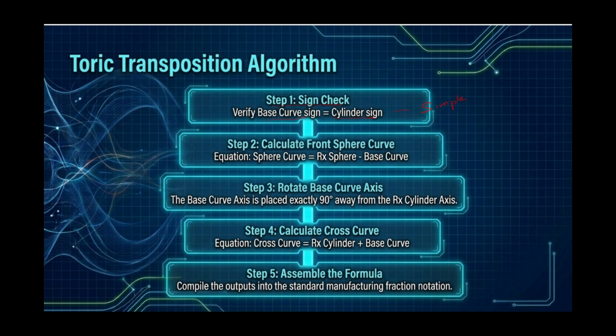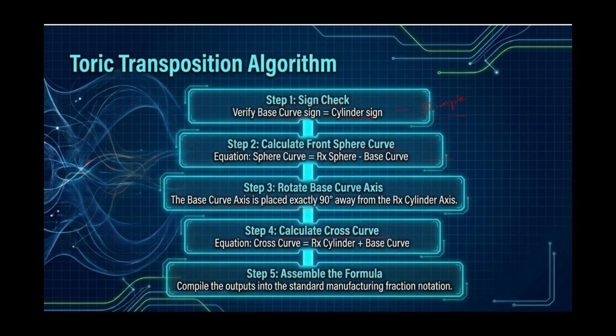Now after finding this, we have to calculate the front surface. The front surface is nothing but the given sphere minus the base curve. I'll tell in detail about how this is arrived at. After calculating the front sphere curve, we have to find out the base curve axis. The base curve axis is placed exactly 90 degrees away from the cylinder axis. Then we calculate the cross curve.